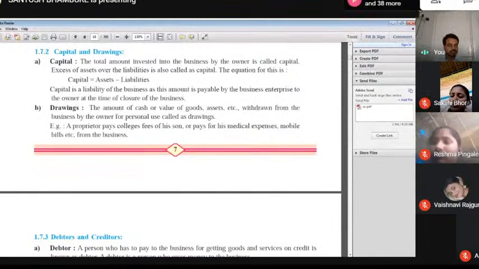Okay, say now. I pay for mobile bills. But remember, mobile bills. If you are not a businessman and you pay a mobile bill from your personal pocket money, is it drawings or not?